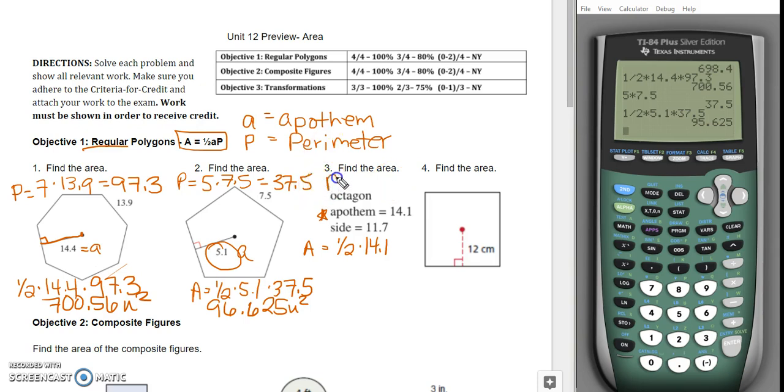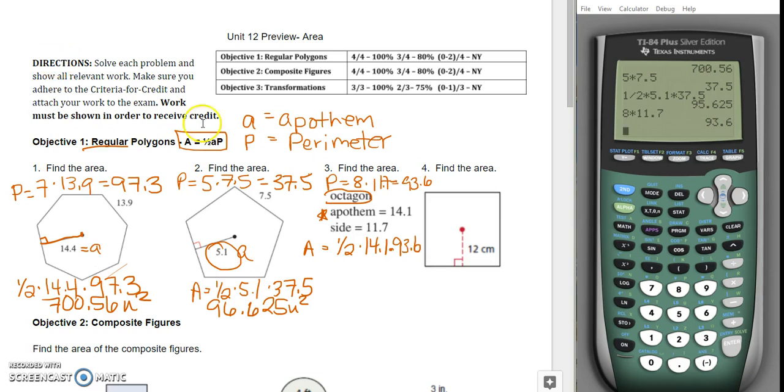Still need to find my perimeter. I have an octagon that tells me I have 8 sides that are 11.7. So going back to my calculator, 8 sides at 11.7 gives me a perimeter of 93.6. And that'll go into my formula with 93.6.